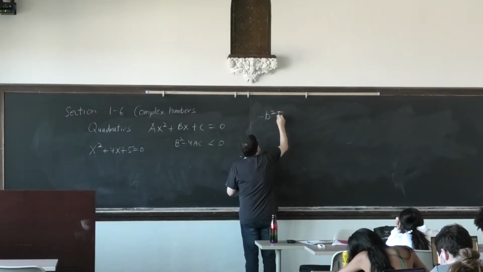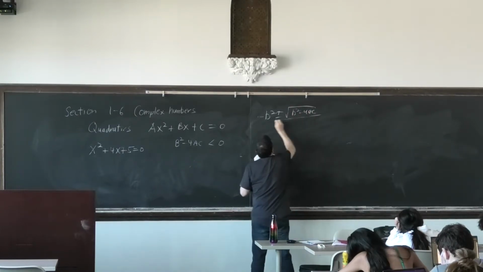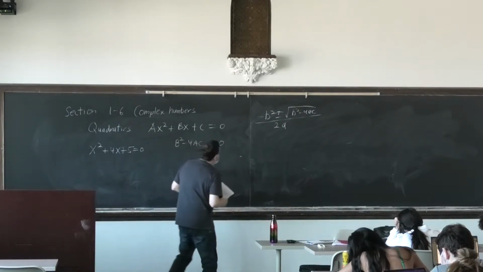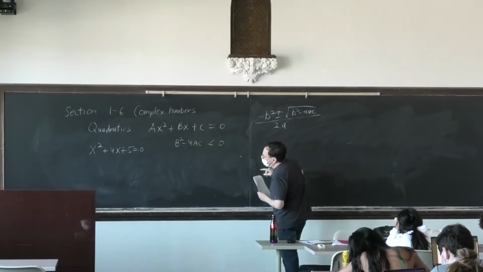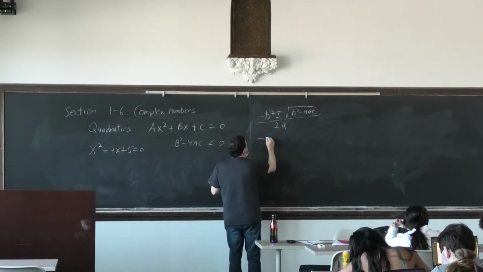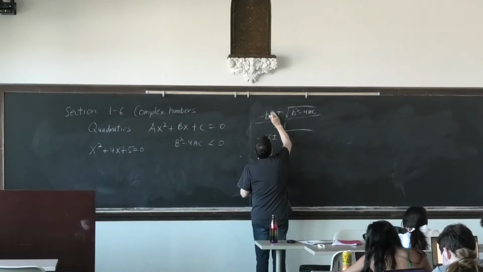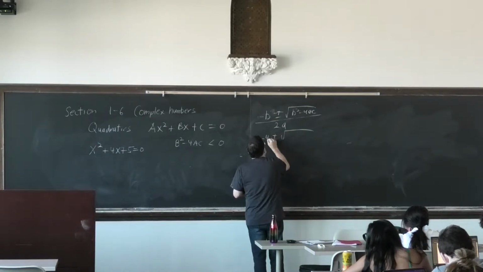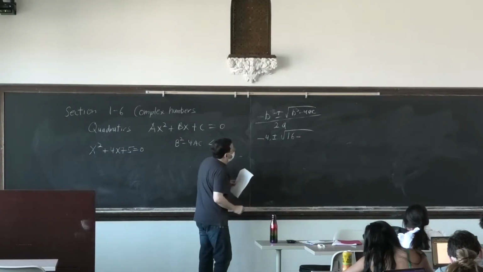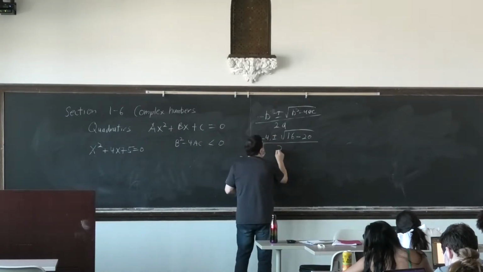You get negative b plus or minus the square root of b squared minus 4ac, all over 2a. So our a is 1, our b is 4, and our c is 5. So negative 4 plus or minus the square root of 4 squared, 16, minus 4ac, that's 20, all over 2.